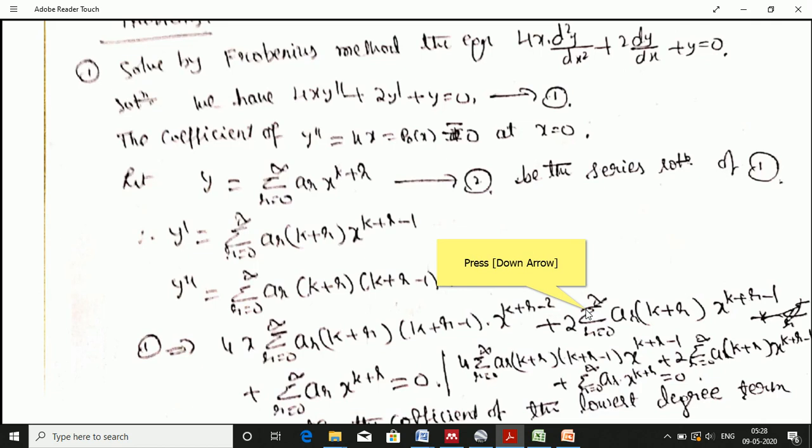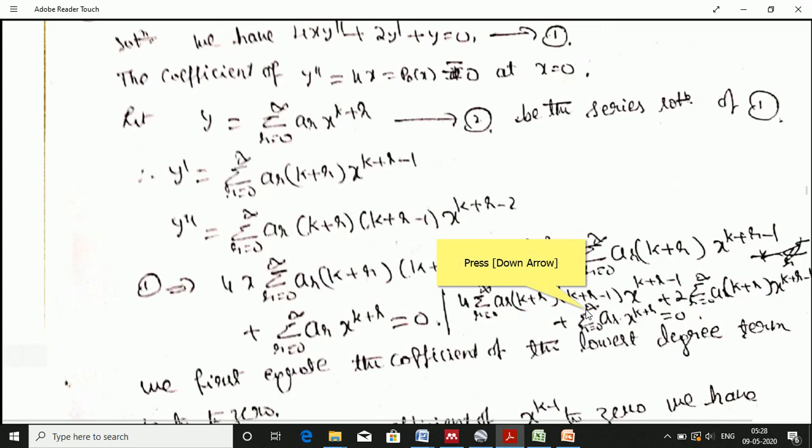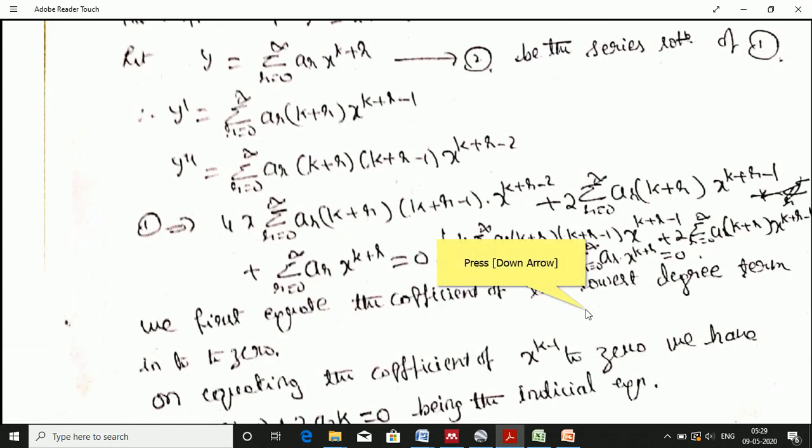Put the y dash, y double dash values into equation 1. It is of the form 4x into y double dash is sigma r equal to 0 to infinity ar into k plus r into k plus r minus 1 into x to the power of k plus r minus 2, plus 2 into y dash value, sigma r equal to 0 to infinity ar into k plus r into x to the power of k plus r minus 1, plus y, sigma r equal to 0 to infinity ar into x to the power of k plus r, equal to 0.